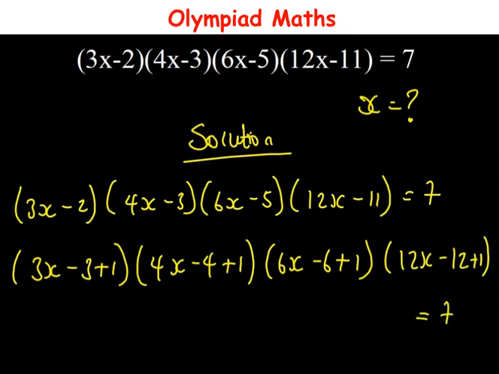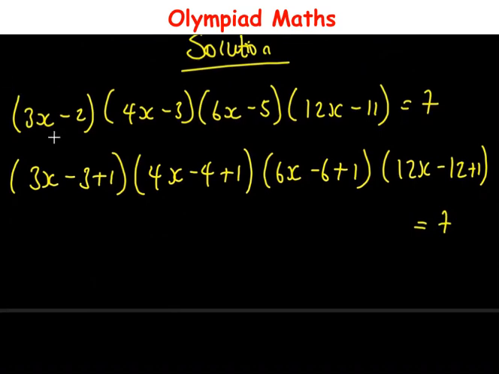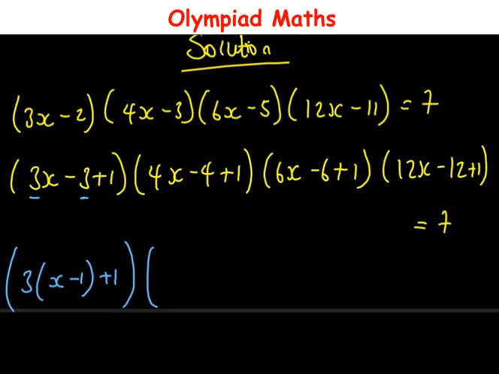From here, we have a common factor in the first bracket, which is 3. So factorize out 3, and we have 3 times (x - 1) plus 1.